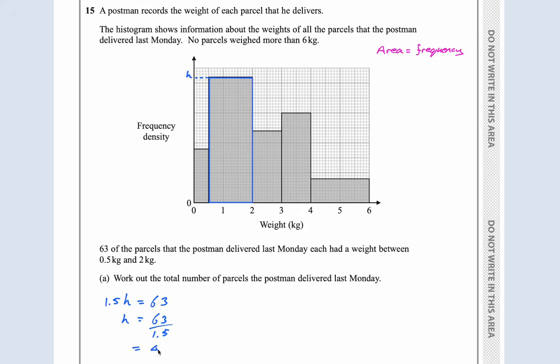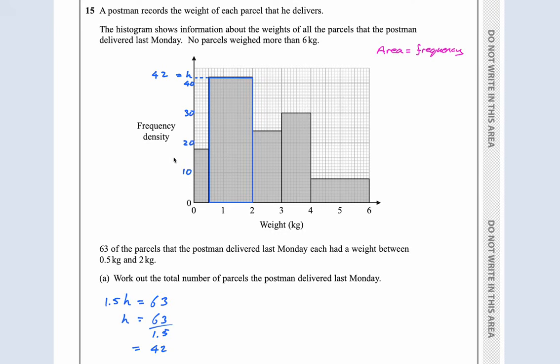Okay, 42. So that means this h is 42, which means these things are actually going up in, look, this is like 10. Well, they're actually going up in ones. So that's 10, 20, 30, 40, 42, because that's 41, 42.